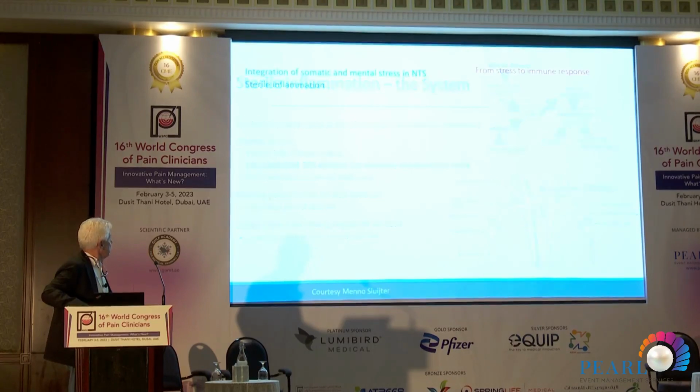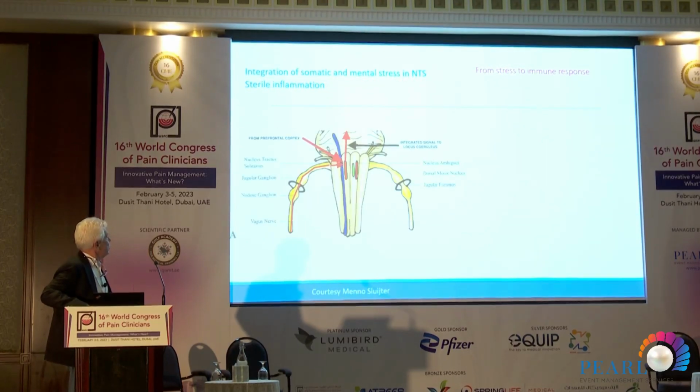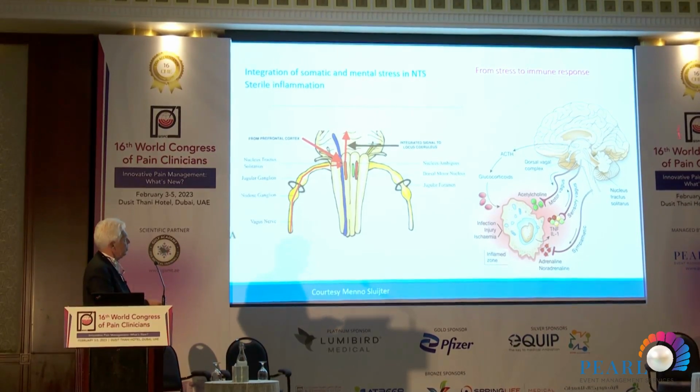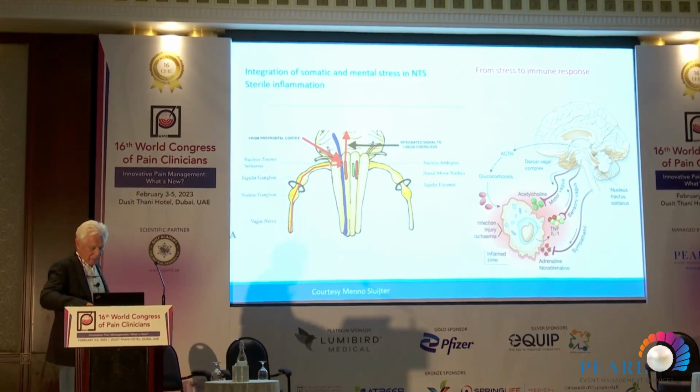Okay, see it again. So from stress to the immune response, I showed you this slide already also, and there's also a reaction of the vagal system, the cholinergic anti-inflammatory response.